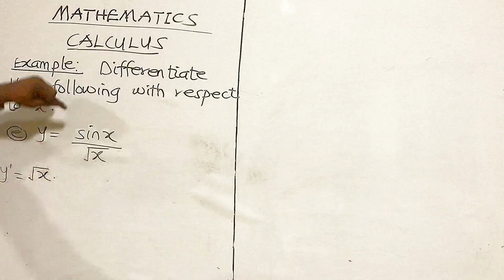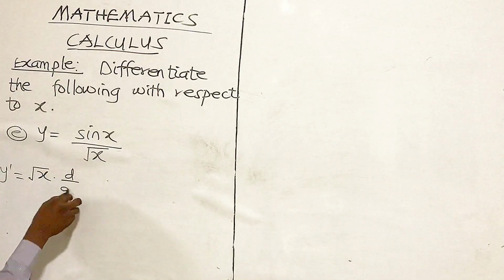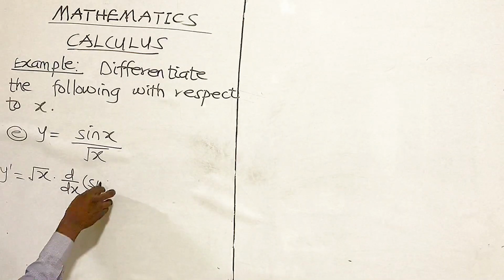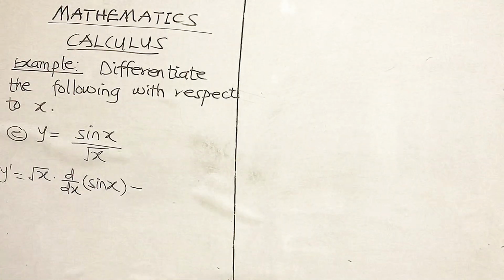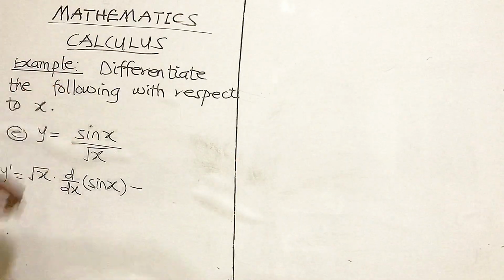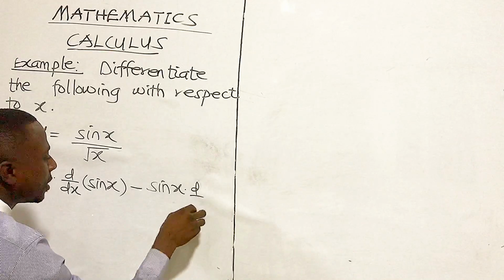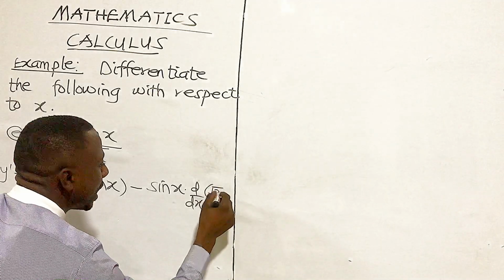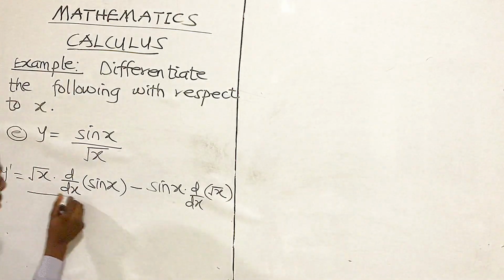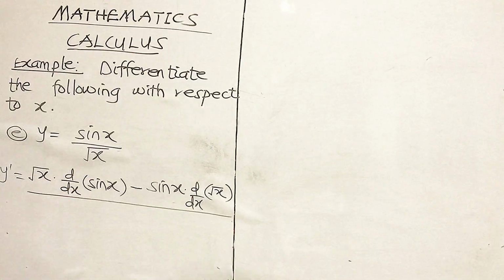Then I'll now differentiate the numerator, which is d dx of sine x minus, I'll now maintain the numerator, which is sine x multiplying the differential of the denominator, which is root x, all over the denominator squared.